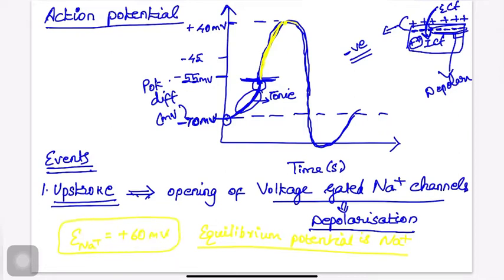But even though it is plus 60 millivolt, the upstroke will continue only up to plus 40 millivolt. Why is this happening? This is due to the sodium channels going into the inactivated state.